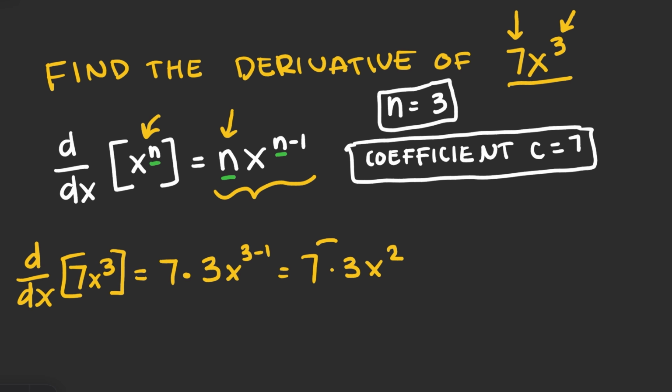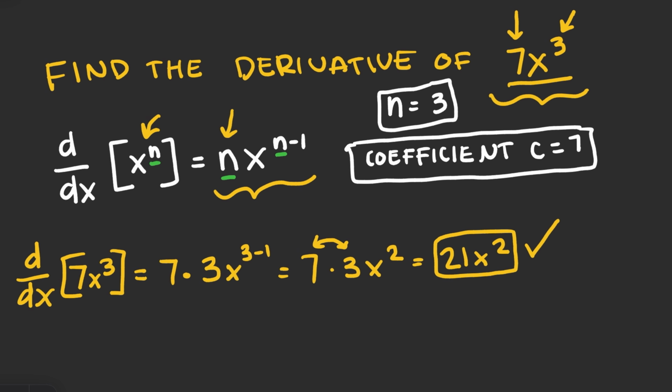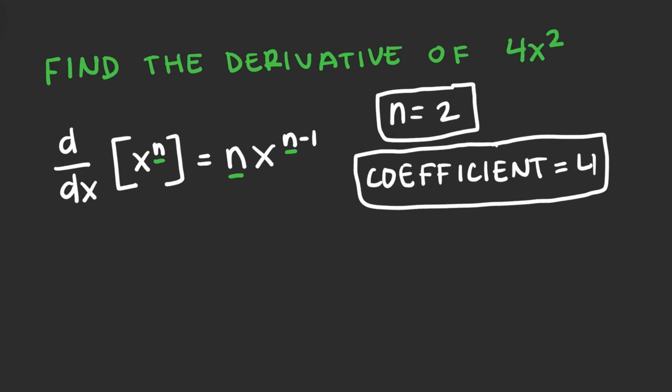So then our final step is to multiply these two together, which would equal 21x squared. So the derivative of 7x cubed is 21x squared. And when there's a coefficient in front of our variable x, our final step is just to multiply them together. That's it.